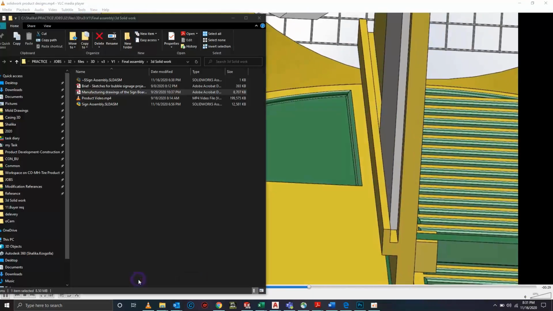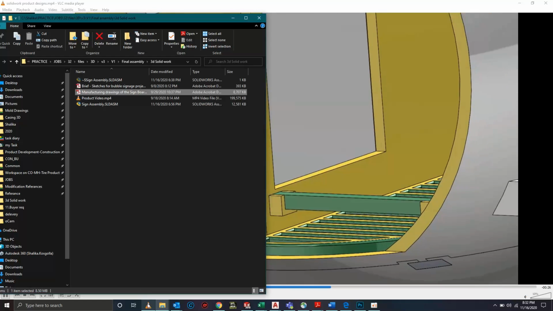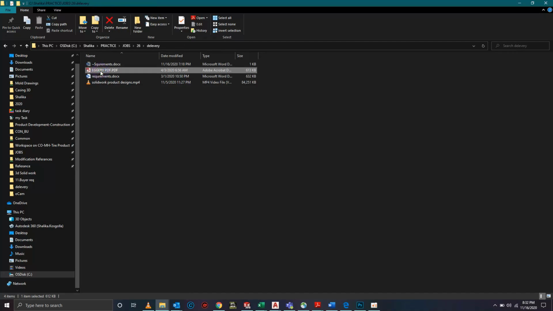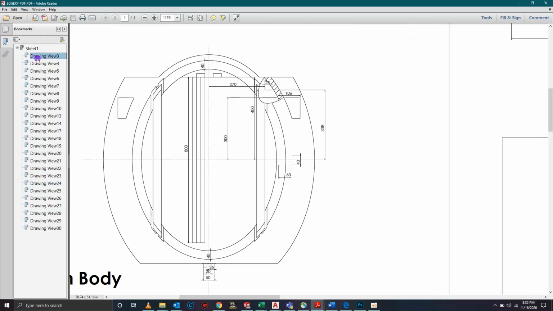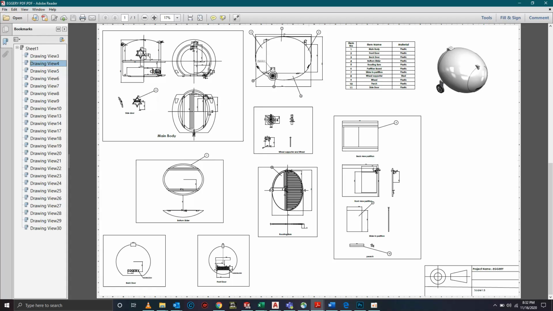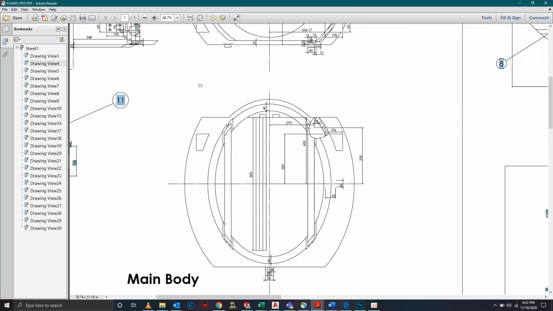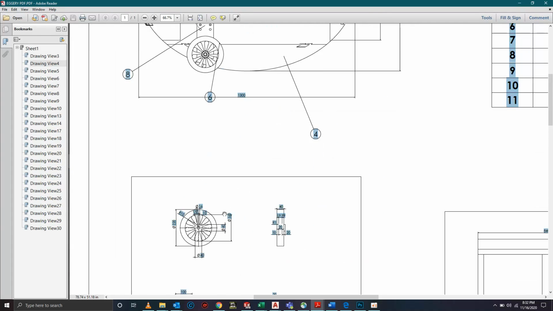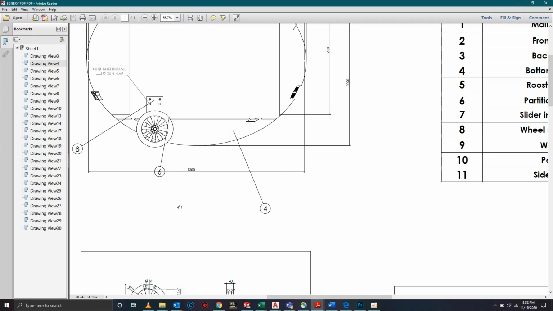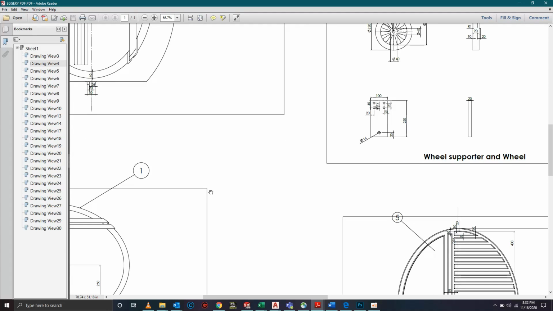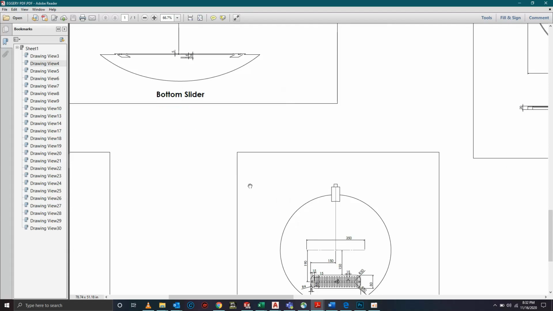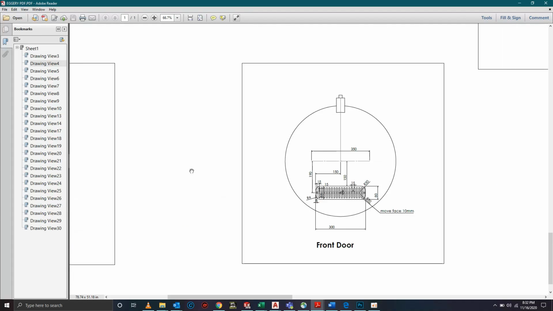Now I will show how our manufacturing drawing was for that. Yes, you can see all the things we made 100% perfectly so manufacturers or suppliers can understand very easily. You can see these are all the parts we made engineering drawings for, so they can understand everything, because we have only one method to communicate with manufacturers, which is manufacturing drawings.